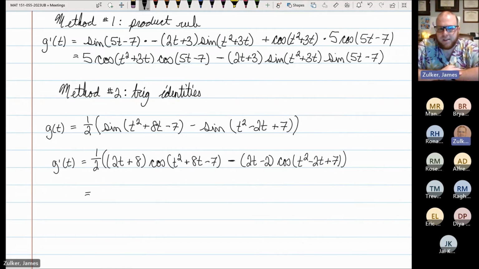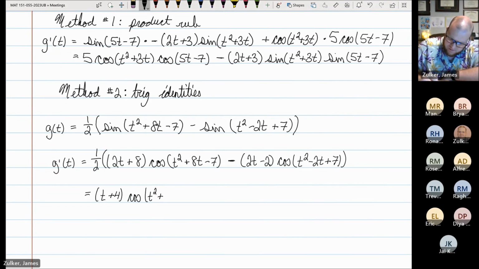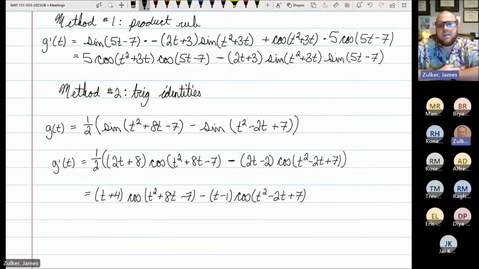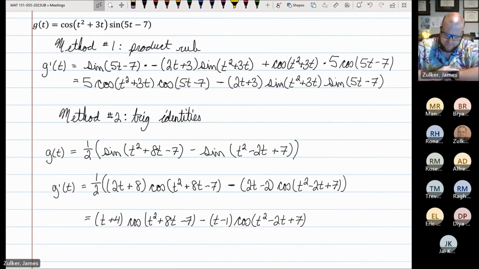And now just simplifying it. And there's the derivative.